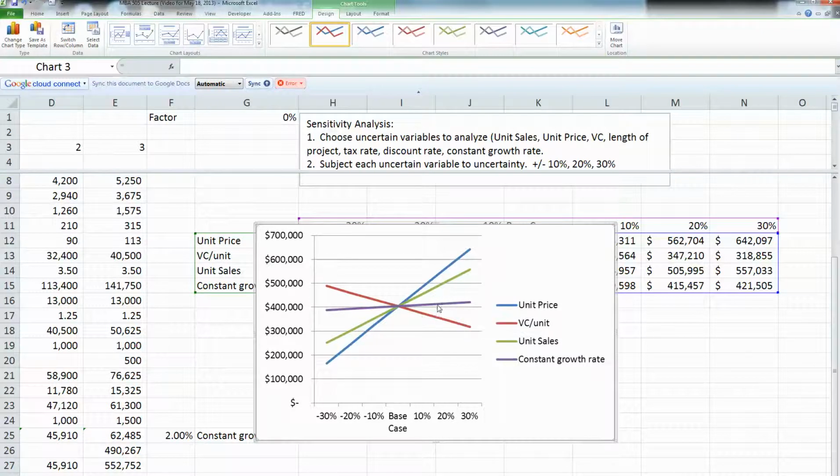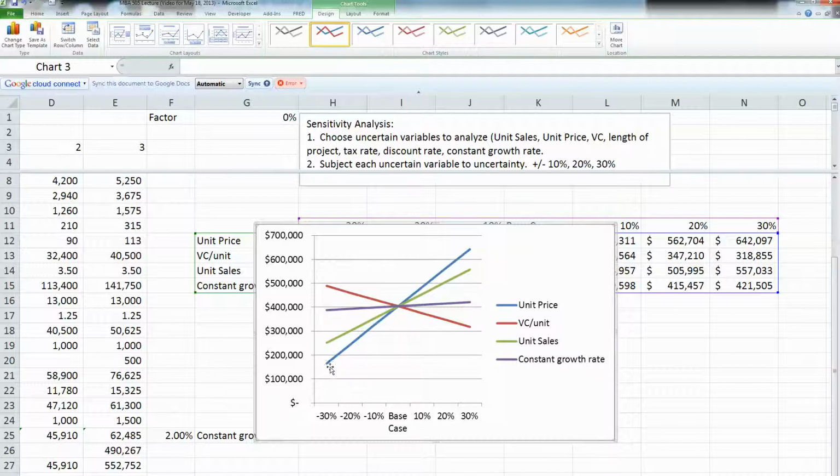So even though I thought the constant growth rate was going to have a pretty big impact on the project's net present value, it looks like it doesn't, because that line is fairly flat. The project does have a lot of sensitivity to the blue line, the unit price.